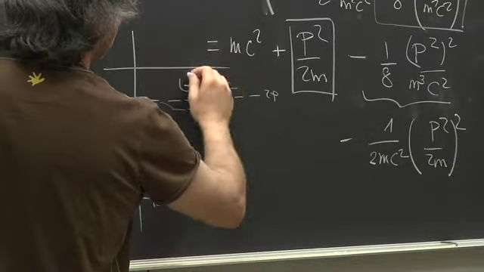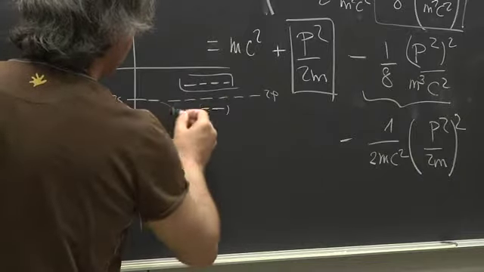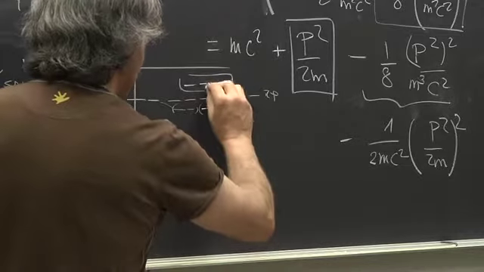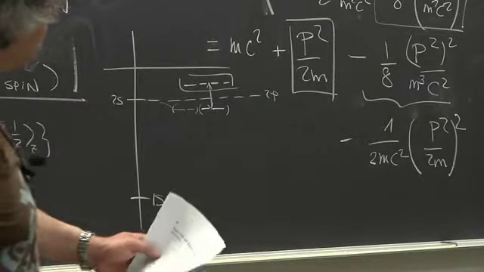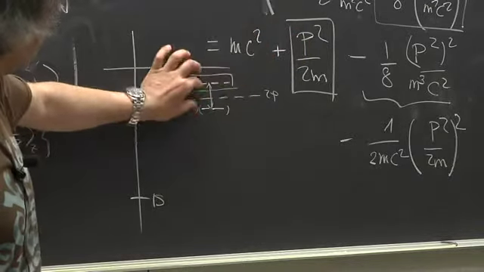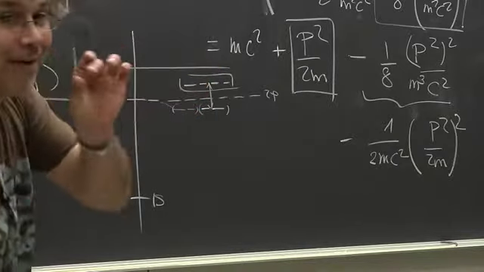Four states remain there. Two states come down, and two other states are still degenerate with that. And this is not in scale. I mean, this is of the order of really small numbers, while this is 10 electron volts. Okay, so this is really a fine structure.